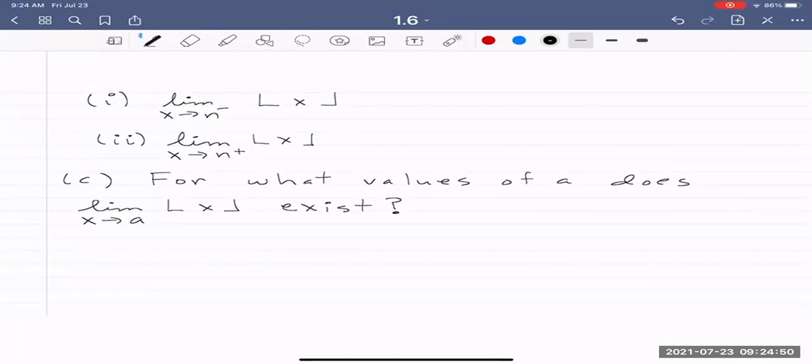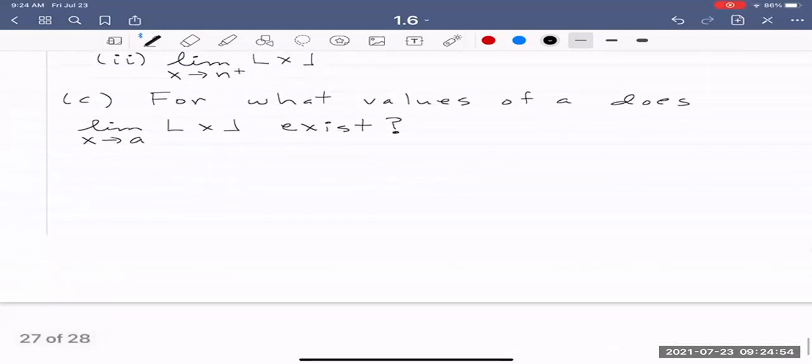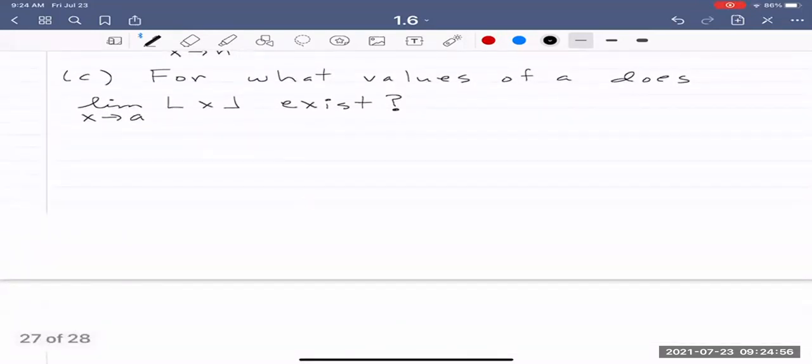For what values of a does the limit as x approaches a of the floor of x exist? So let's look at that. Let's do part A.